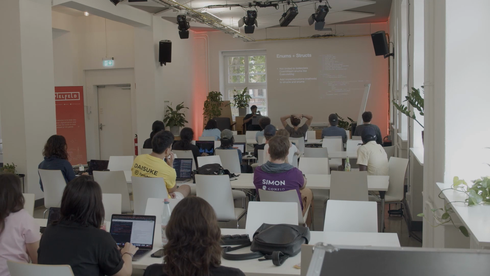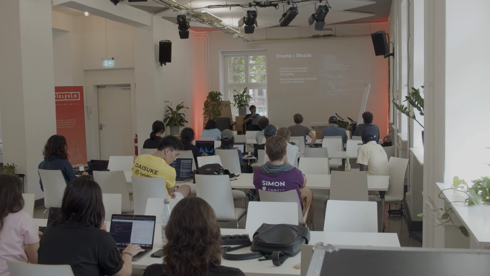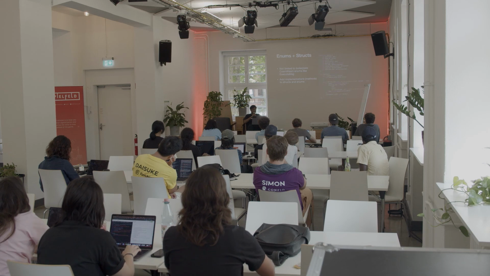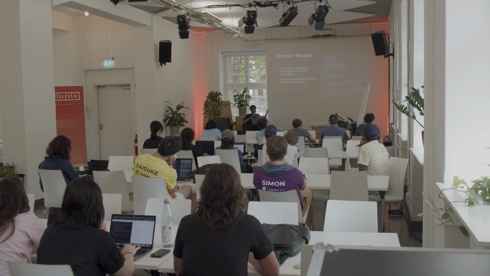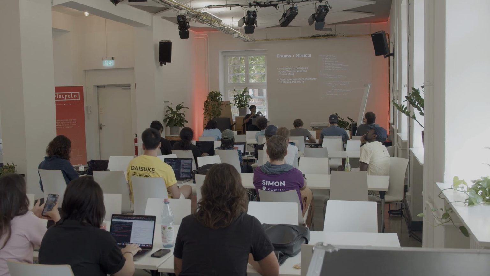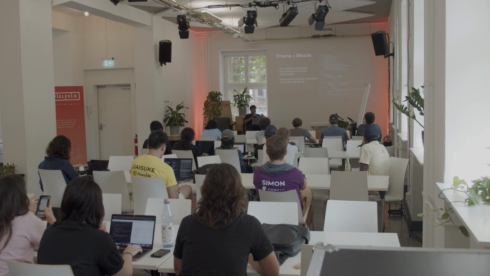One thing people might not be used to is adding methods, adding implementations to structs and enums, right? For those of you who know Rust well, this is very obvious, but what you want to do is try and move most of your logic as methods on your data types itself. If you do this, then your contract code is much cleaner and much shorter, and everything just lives on the type.